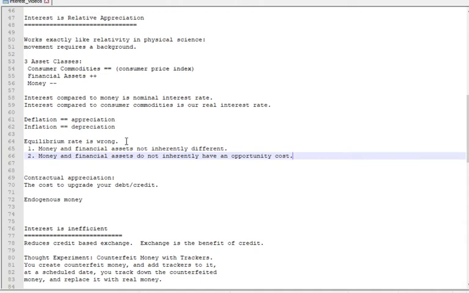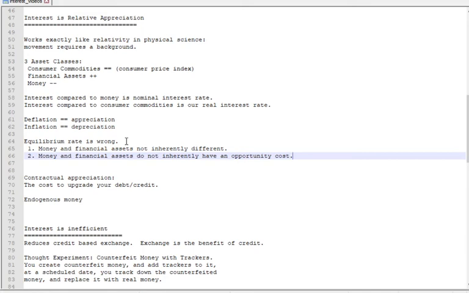So the idea is that depending on where you put financial assets, that represents an opportunity cost. But the reality is that's just your accounting information, and the opportunity cost is actually how the financial group that is defining those assets is using resources.